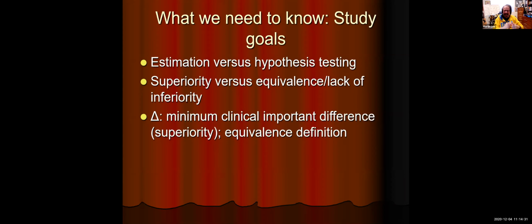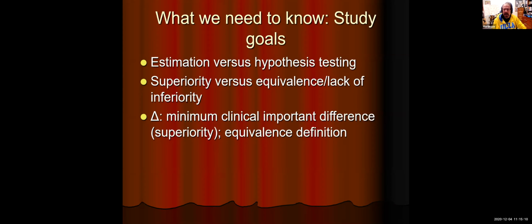Because if it works at least that well, I think that will be useful in practice. And if it's a drug, it means I might change my medical practice and use that drug. If it's a community-based intervention, we might now change the way we do things as far as whatever that intervention is concerned in the community. But we have to have an idea, and we call this again a minimum important difference, because you have to have a certain benchmark, a certain minimum you would be impressed enough by that, if that were true, to change your practice. Now, with equivalence, it's a different story.